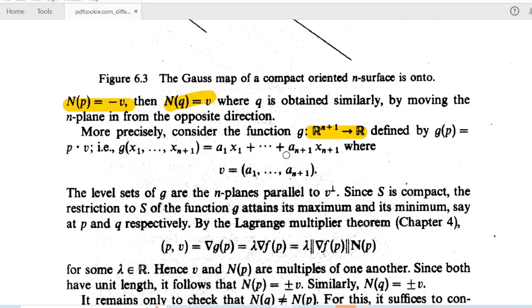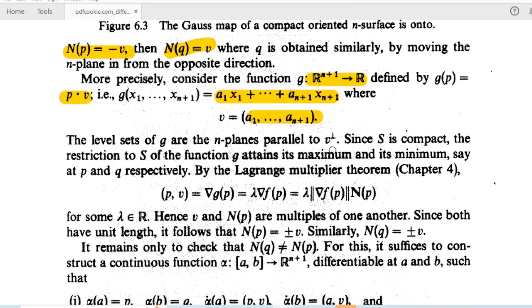So we are considering a smooth function g of p equal to p dot v, where p is a vector (x1, x2, ..., x(n+1)) and v is another vector (a1, a2, ..., a(n+1)). So the dot product gives this particular statement.